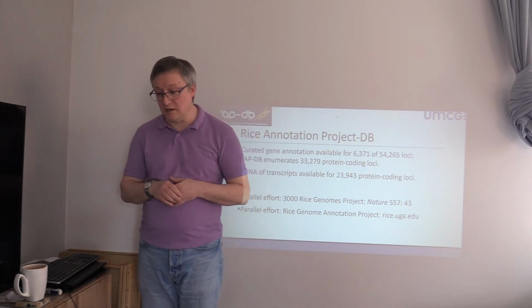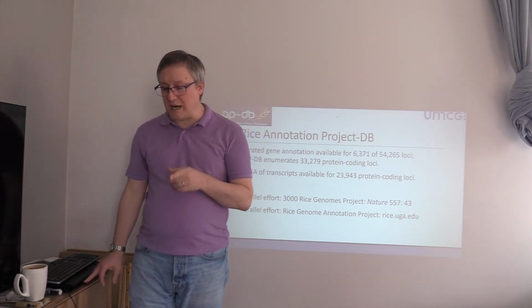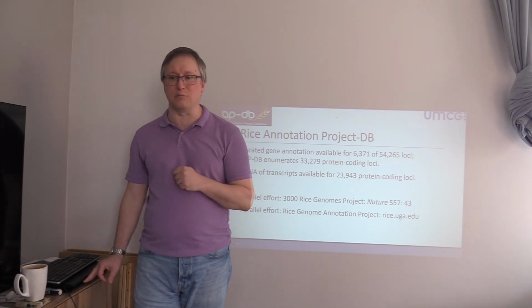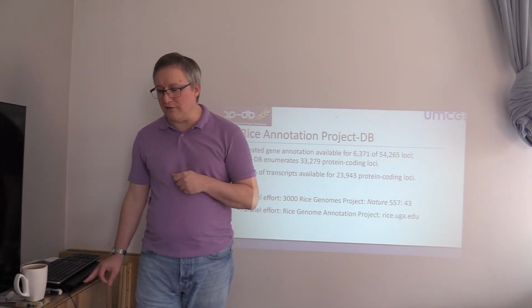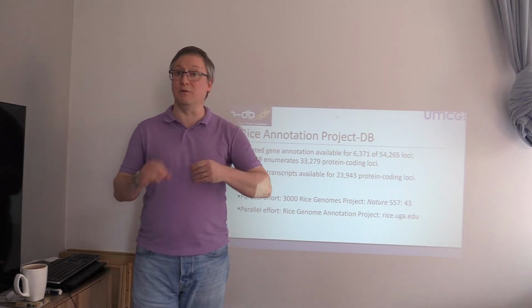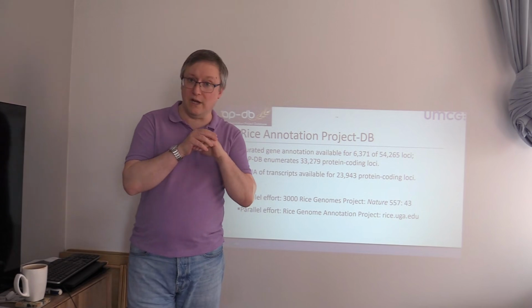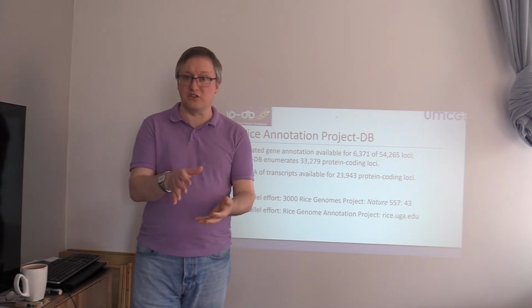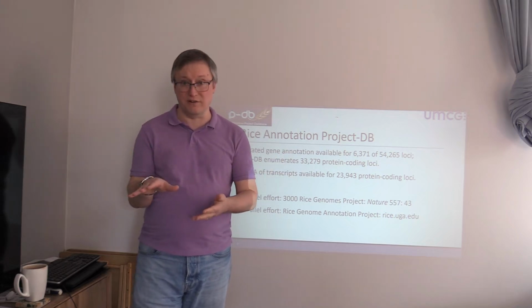Now, I want to talk about a couple other projects that are not the same thing as the Rice Annotation Project. For those, we have the 3,000 Rice Genomes Project. Again, we would like to know better about the degree of variability in the genome, what genetic variants we see as we look across different strains.